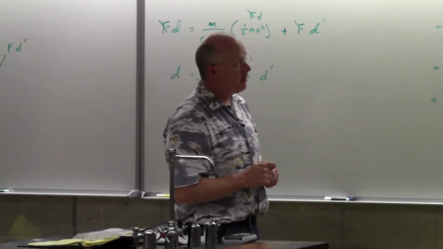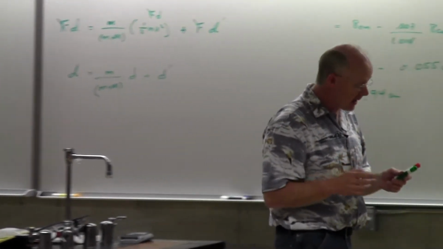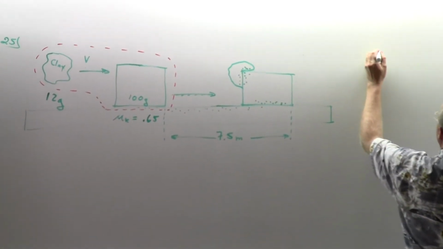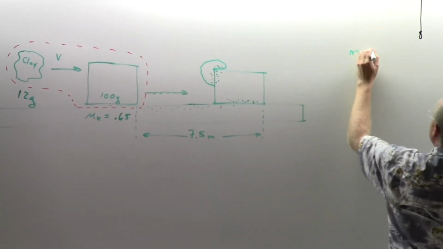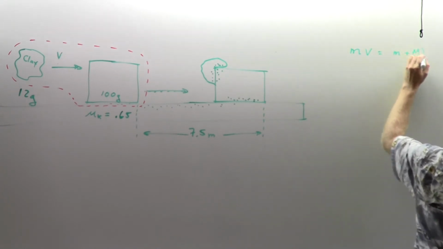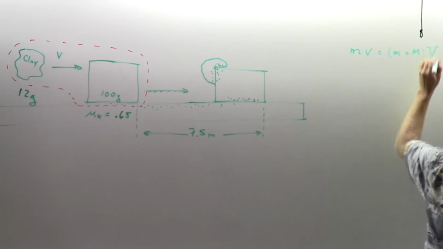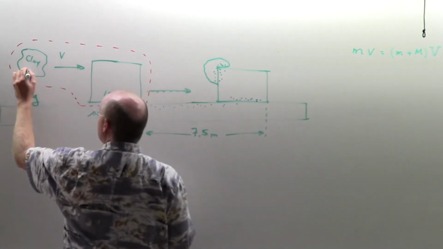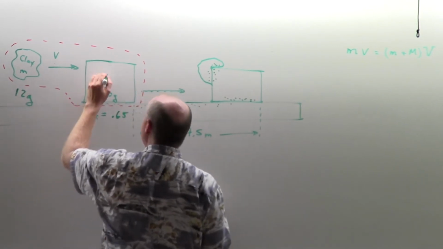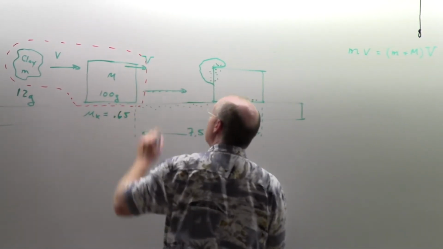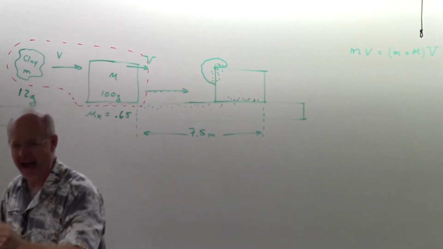When I say the momentum before, and I put mv, and I set it equal to (m + M)V, what I am really saying is little m is the mass of the clay, big M is the mass of the block, and capital V is the velocity of the block right after impact.